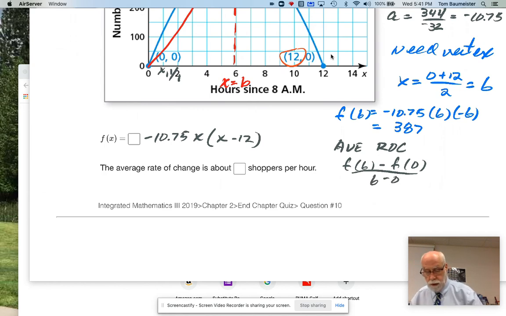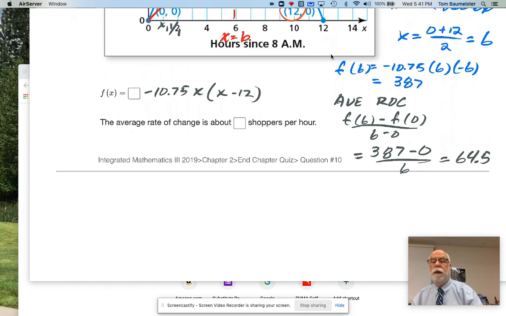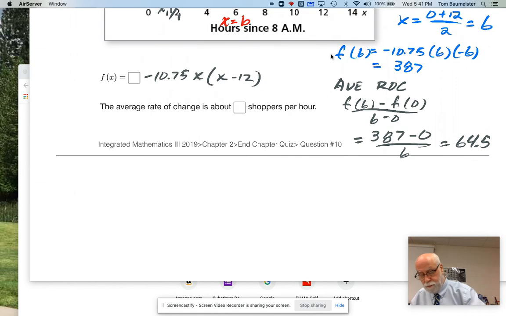Well, I just told you f of 6, we just solved that, is 387. And then that's going to be minus 0 over 6 minus 0, which is 6. So then we would have 64.5 if you put it in your calculator. So 387 divided by 6 is 64.5, but you can't have half a person.